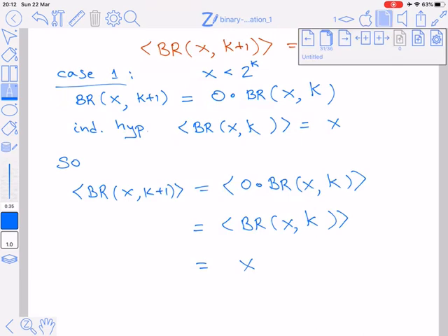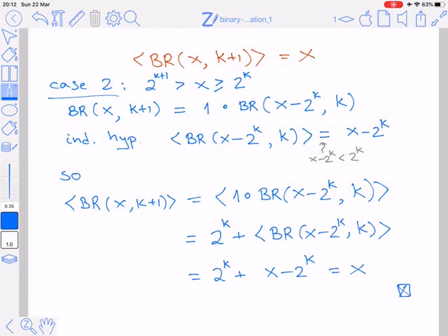Let us prove the second case. In the second case, x is greater than or equal to 2 to the power of k, and of course it's not greater than 2 to the power of k plus 1 because this is the assumption in the induction step. Good. What does the algorithm do when executed on x with k plus 1 bits? It sets the most significant bit to 1 and applies the algorithm recursively with the value x minus 2 to the k and a budget of k bits.